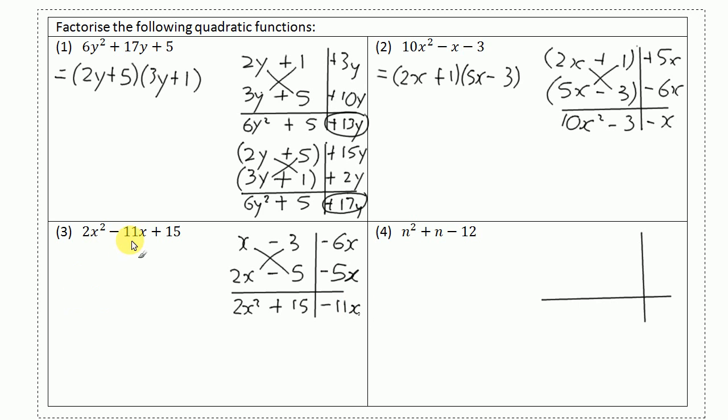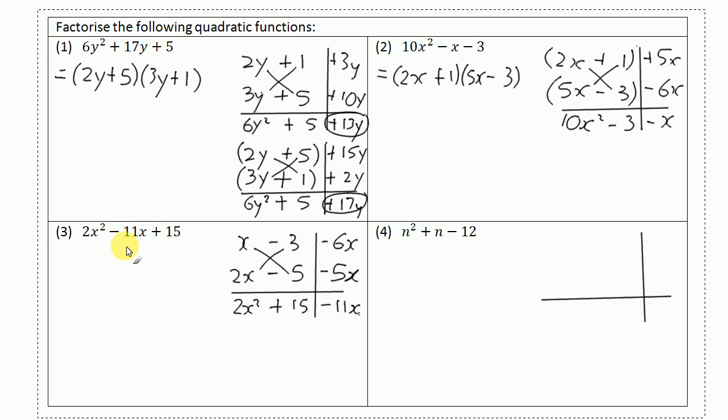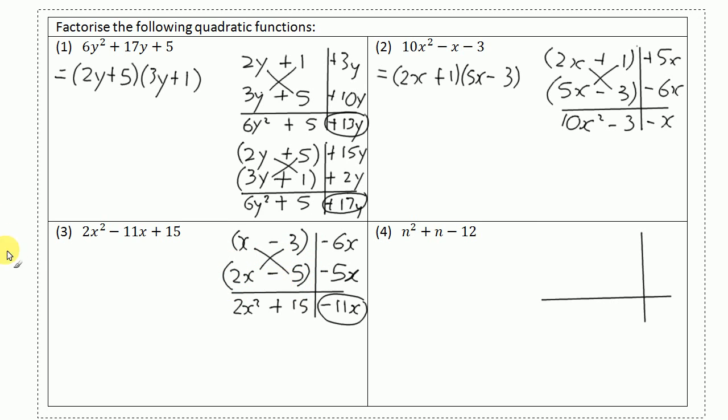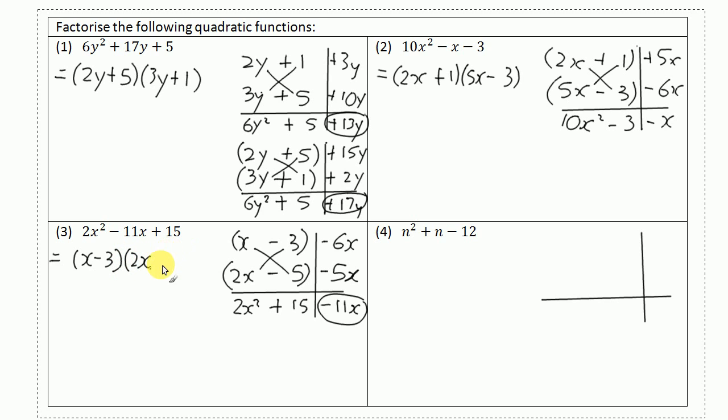Alright. Check back to the middle term. You notice it is the same. It means that the two factors are this. So we have the answer x minus 3 and 2x minus 5.